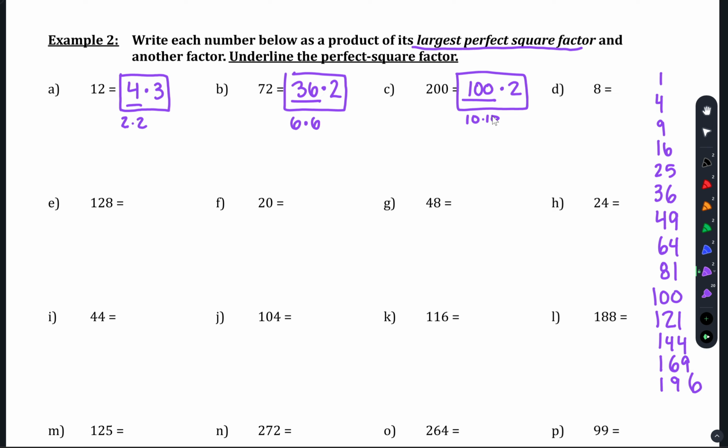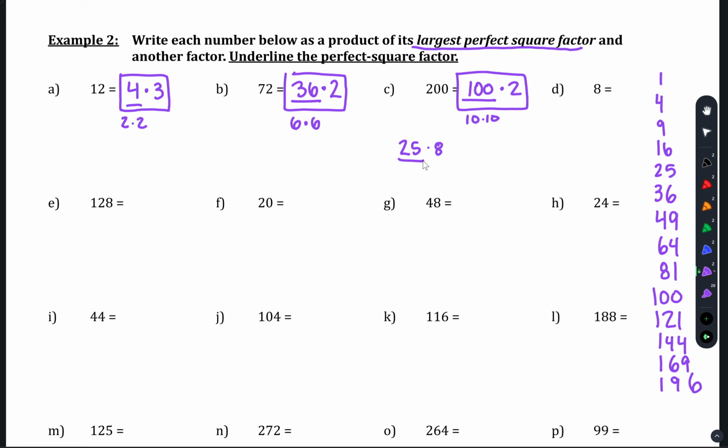What happens if I look at 200 and I think, oh, 25 definitely goes into 200. So what if I am a little silly and I write 25 times 8? Well, I know that this is not the biggest perfect square factor because is there a perfect square that goes into the number 8? Yeah, 4.